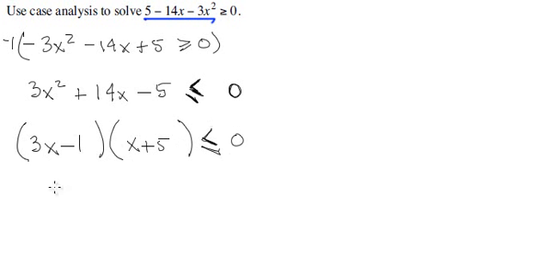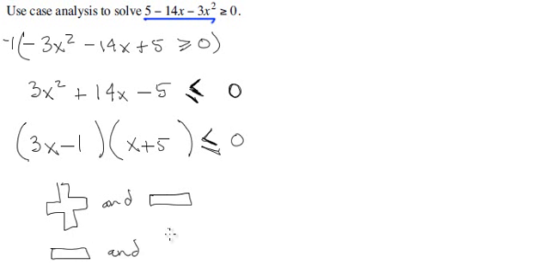There's two ways that that could happen. Either this first one is positive and the other factor is negative, or the opposite. The first one's negative and the second one's positive.